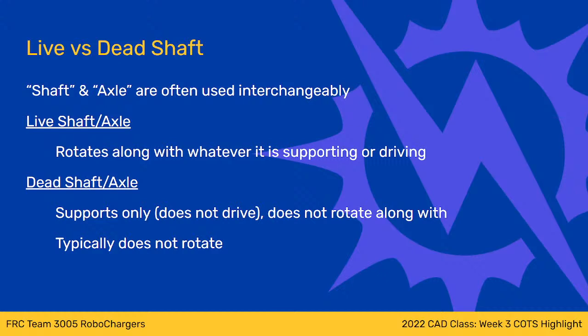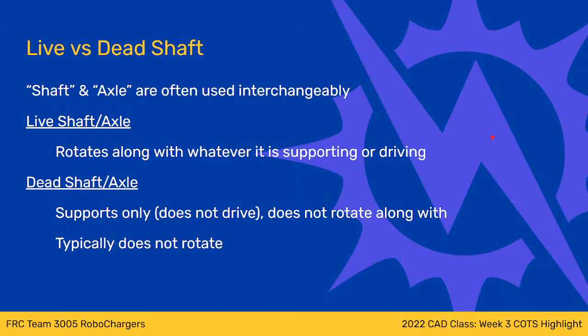We're not going to talk about dead axle that much. We're going to have a project, I think the last week of the class, where we design something that has dead axle. Dead axle is typically mechanically simpler than live axle, and it's also typically very advantageous from a strength standpoint, but it's a little bit unintuitive. So we're not going to start off with dead axle because it's a little bit harder to understand.